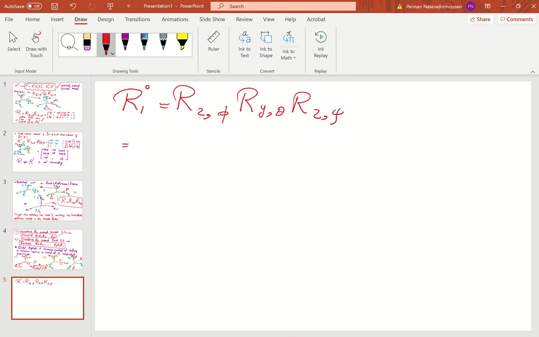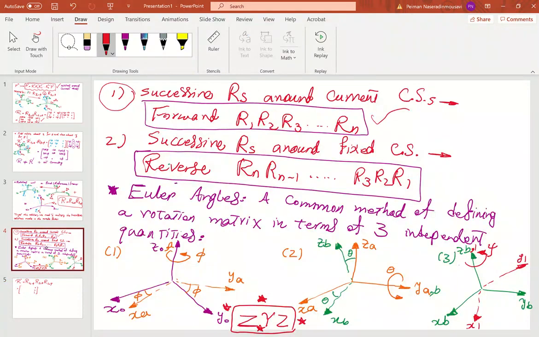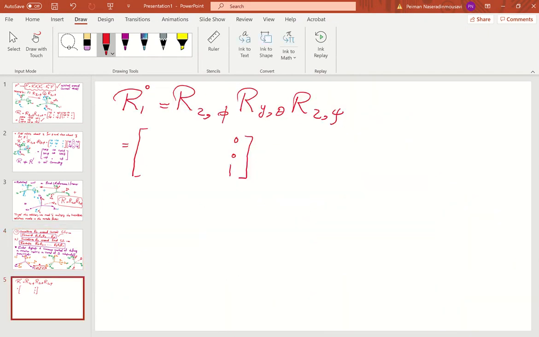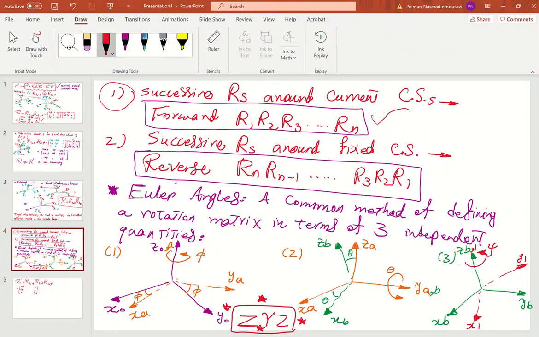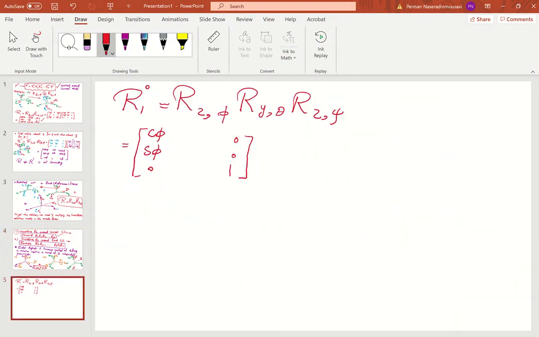Right? So obviously, now I think you can derive these rotation matrices. For Rz and phi, obviously you have 0, 0, 1. Now you know it. xa with respect to x naught is cosine and sine, so it is cosine phi, sine phi, and obviously 0. Now y is minus sine phi, cosine phi, and obviously 0.